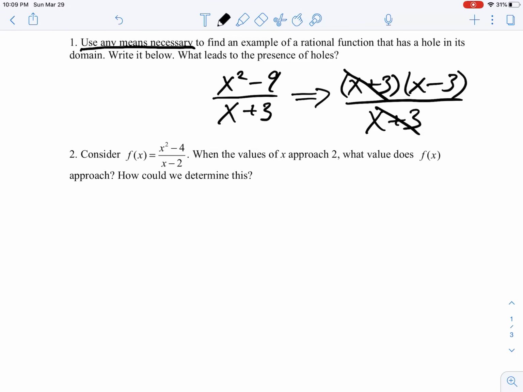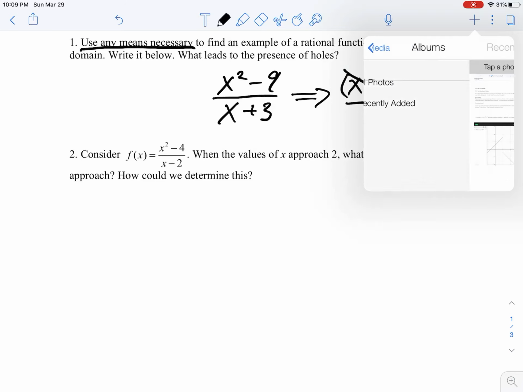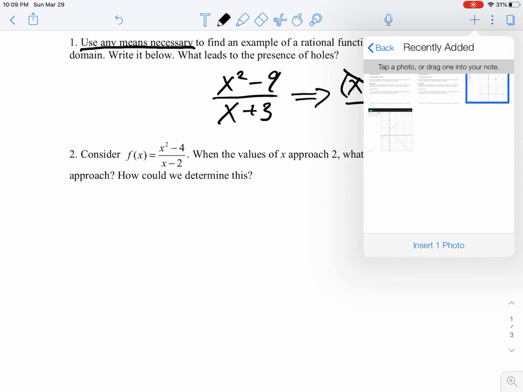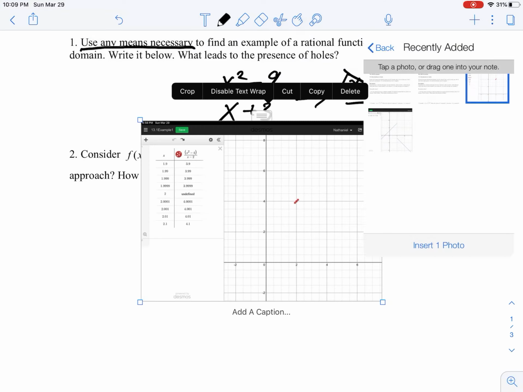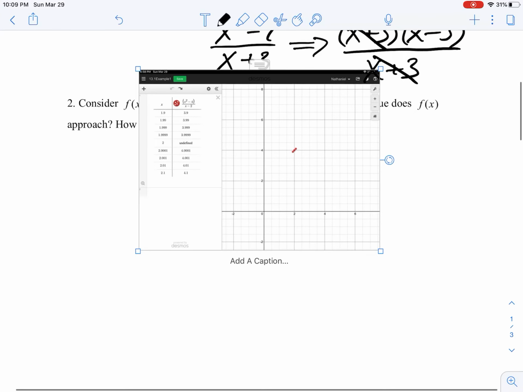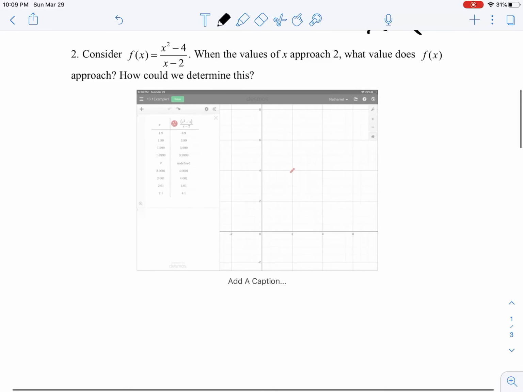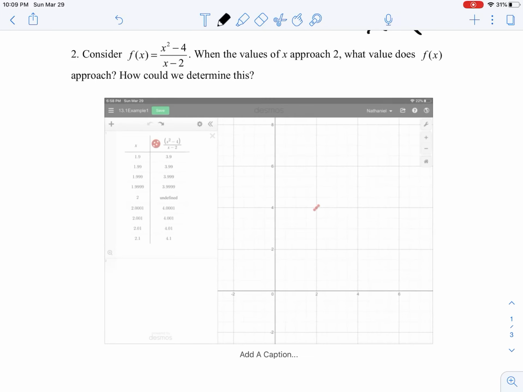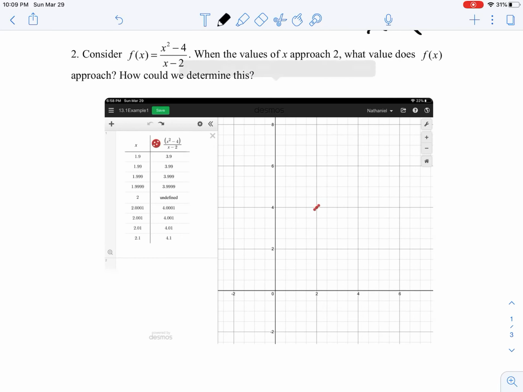Let's go ahead and bring a shot of what we were just looking at into this screen. Okay, great. So Desmos is a great way for checking out behavior of functions numerically.